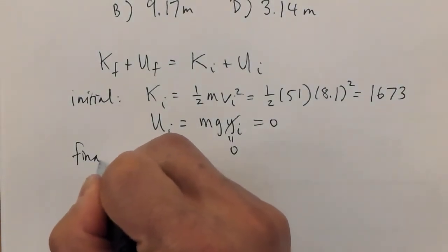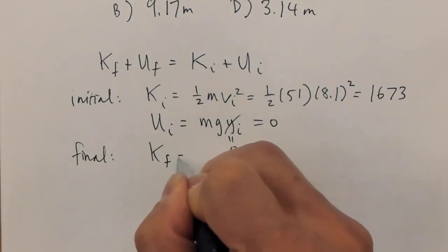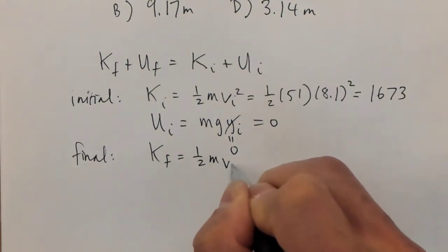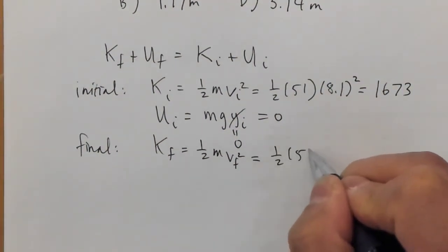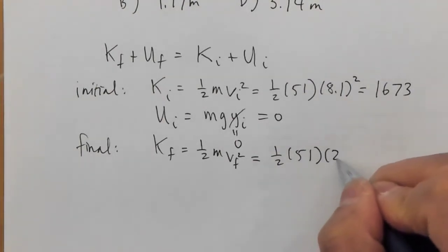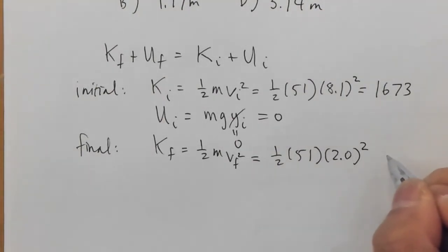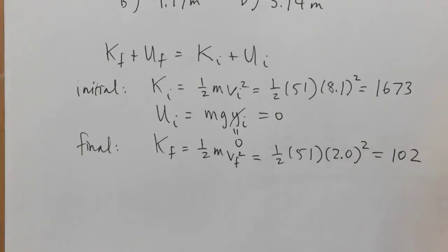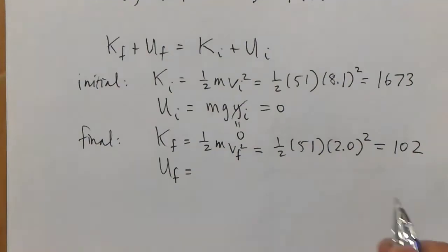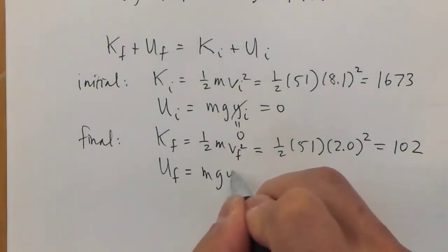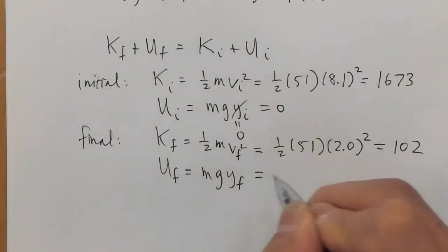And for the final, we have K final is equal to 1/2 m v final squared. That's 1/2 times 51 times 2.0 squared, and that comes out to 102 joules. And U final is equal to m times g times y final, which we don't know.